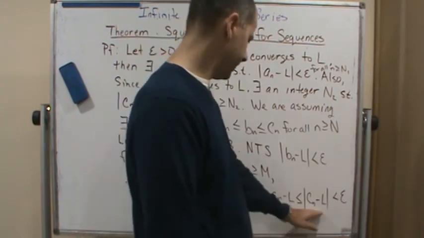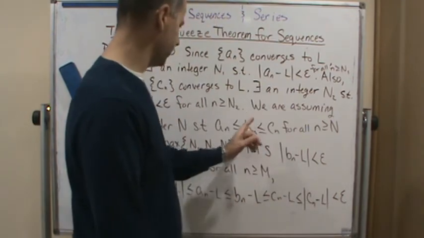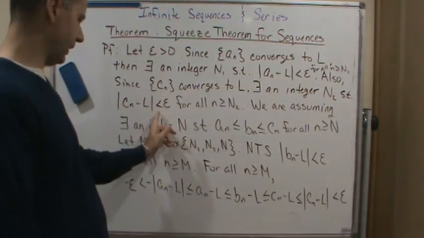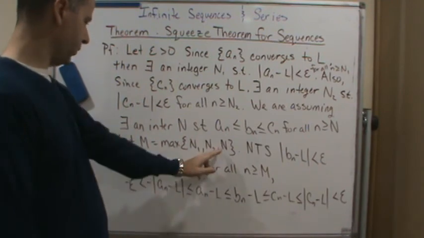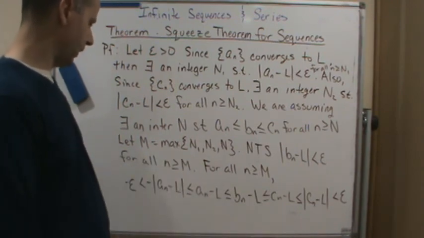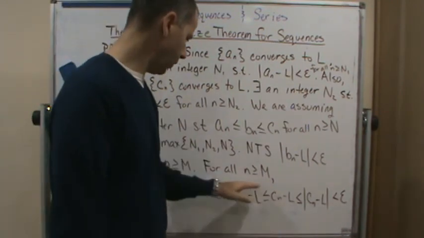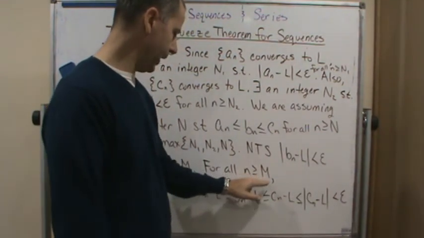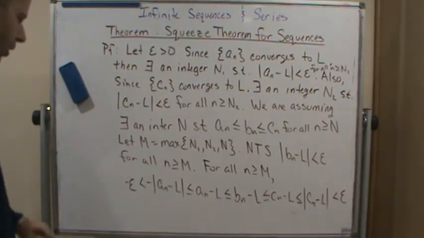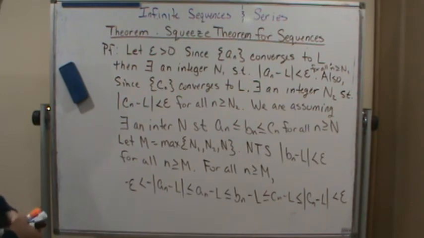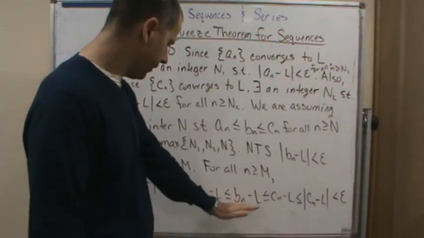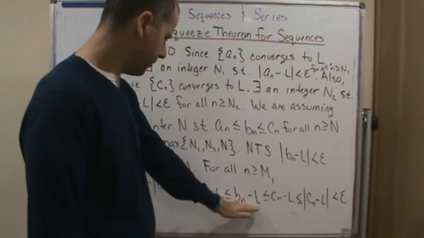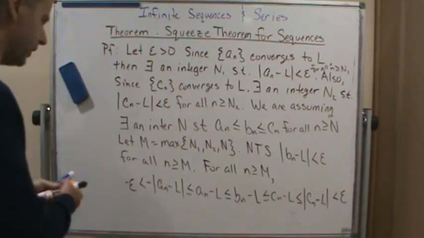And then this is going to be less than epsilon because of what we said here, and because we're using m, which is the maximum of these three. And this is true for all n greater than or equal to m. So this inequality holds. Now, notice that that means that b sub n minus L is in between those two.